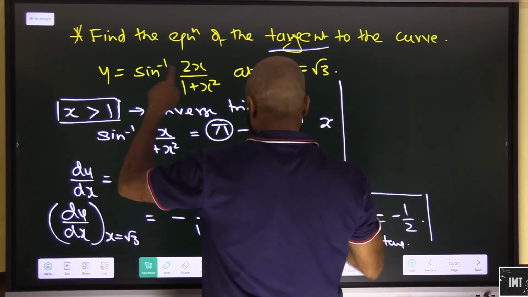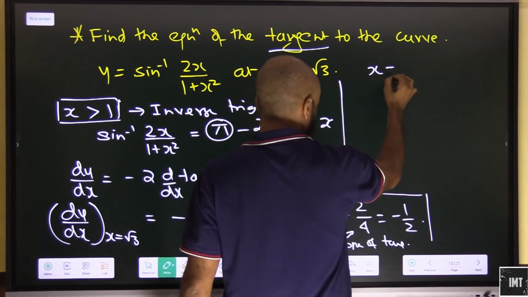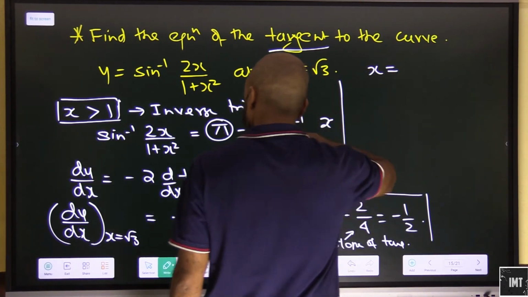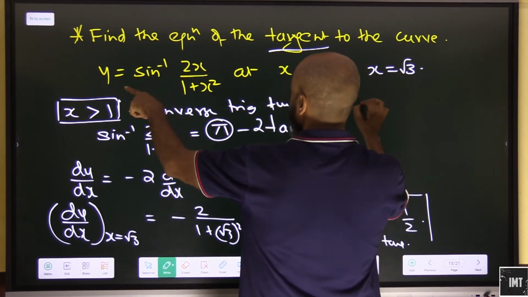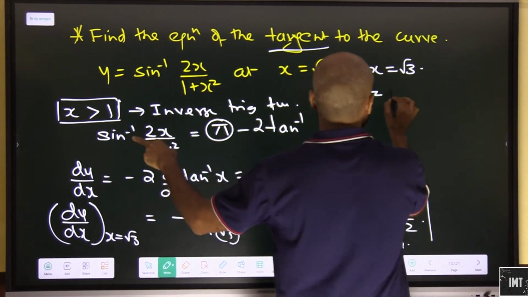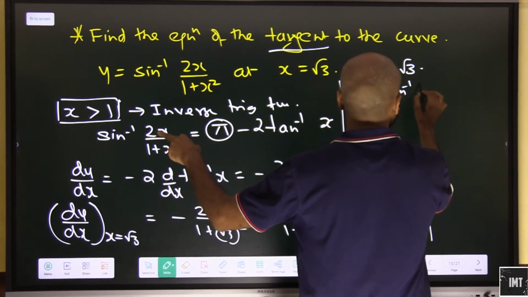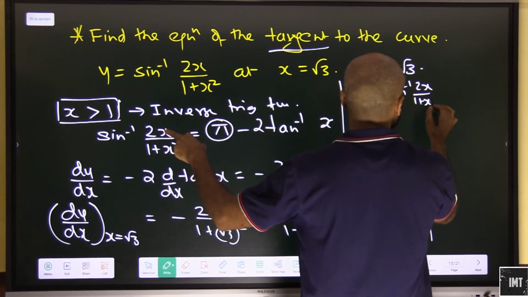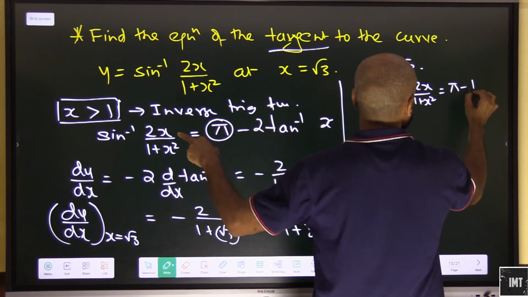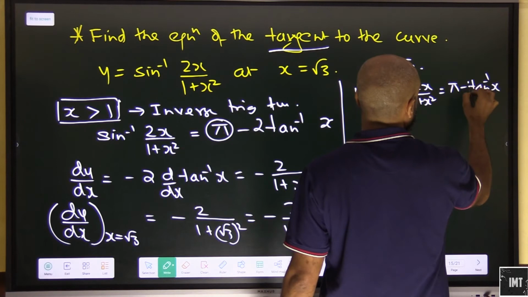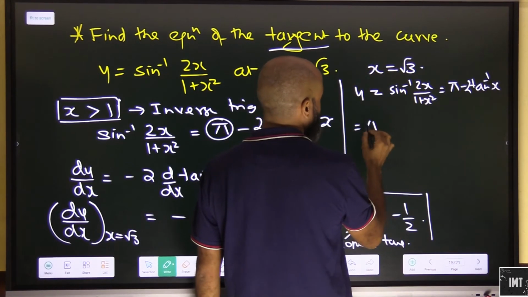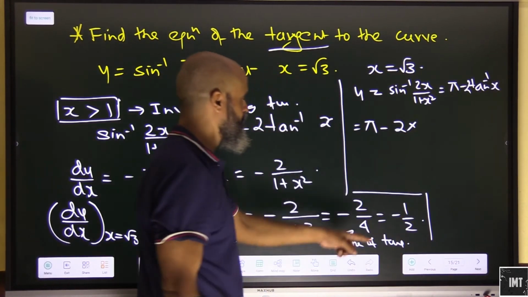So if I put the value of x as equal to under root 3 here, y is equal to sine inverse of 2x by 1 plus x square, which can be written as pi minus 2 tan inverse of x. So this can be written as pi minus 2 into tan inverse of x.